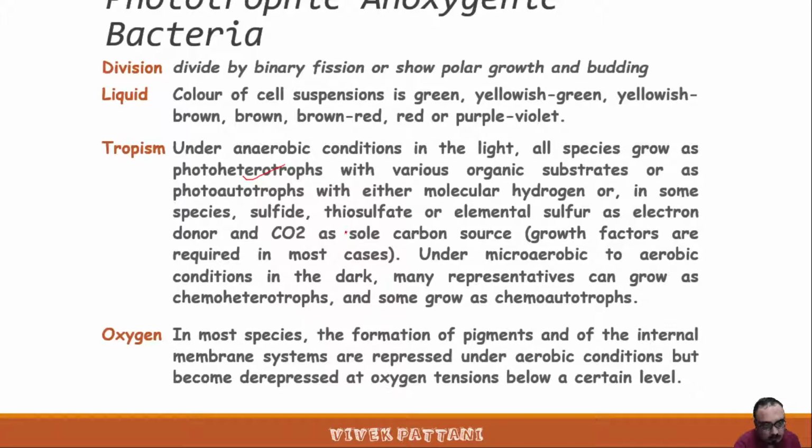Under oxic conditions ranging from microaerobic to aerobic in the dark, many representatives can grow as chemoheterotrophs, and some can also grow as chemoautotrophs. In most species, the formation of the pigment and of the internal membrane systems is repressed under aerobic conditions, but becomes derepressed at oxygen tensions below a certain level.